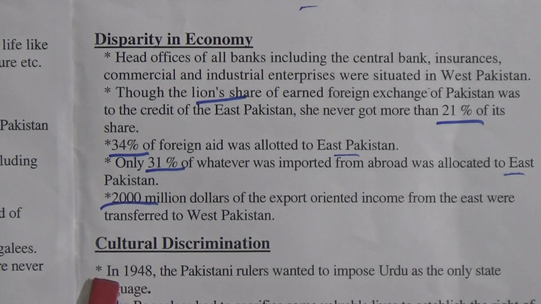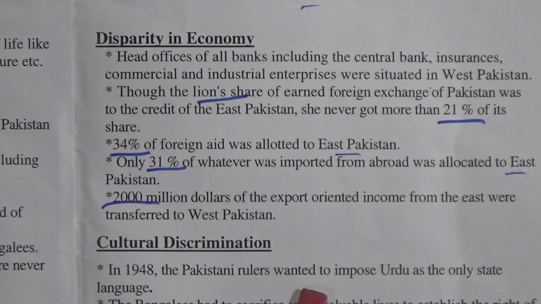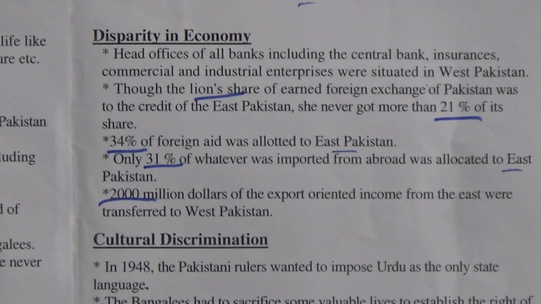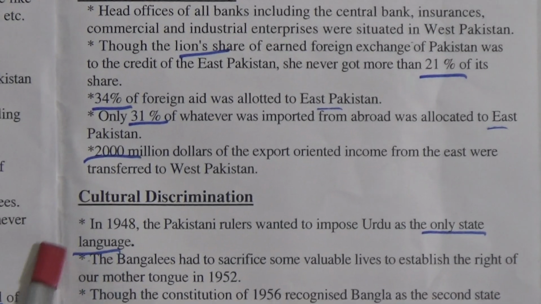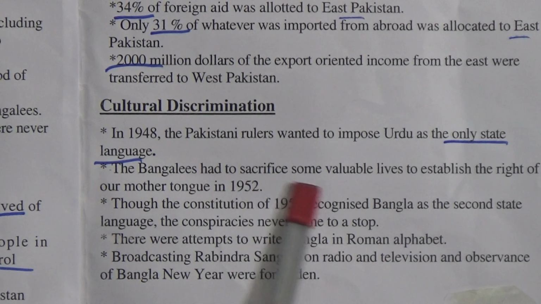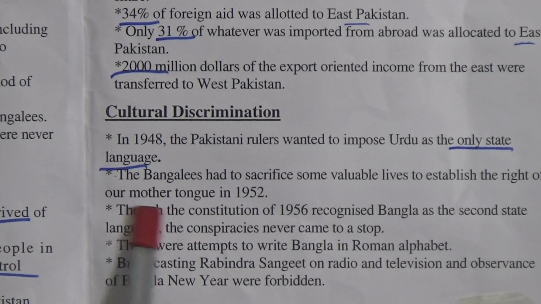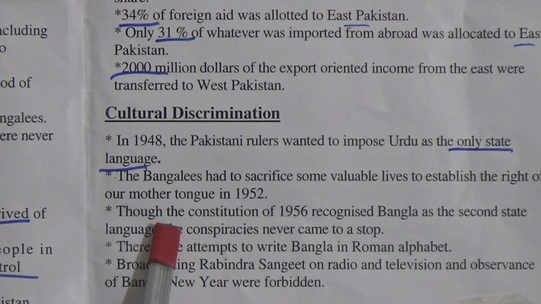Cultural discriminations. In 1948, the Pakistani rulers wanted to impose Urdu as the only state language. This is another reason. The Bengalis had to sacrifice valuable lives to establish the right of our mother tongue in 1952.